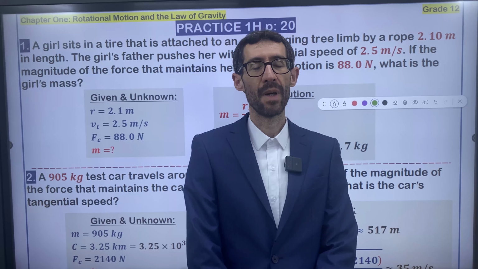C capital means the circumference of a circle, and circumference means the whole distance the moving object travels across a circular track.